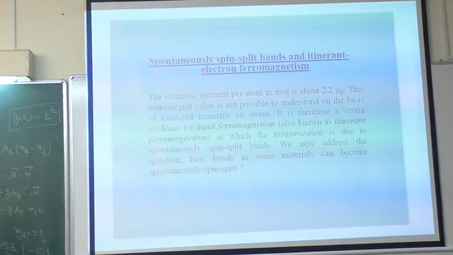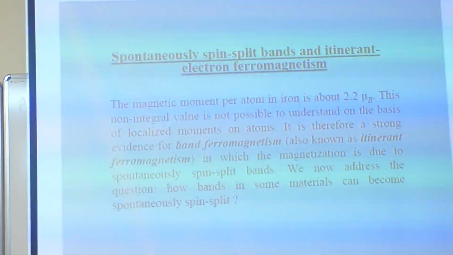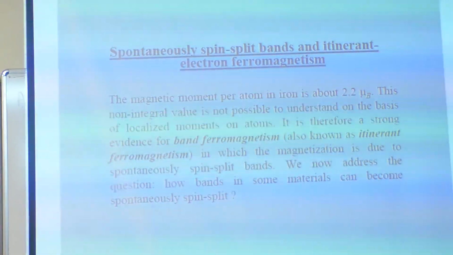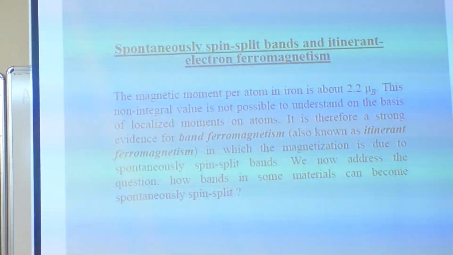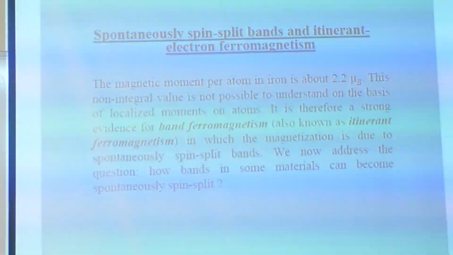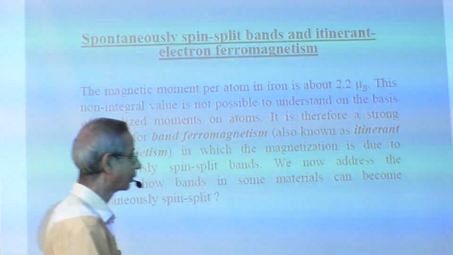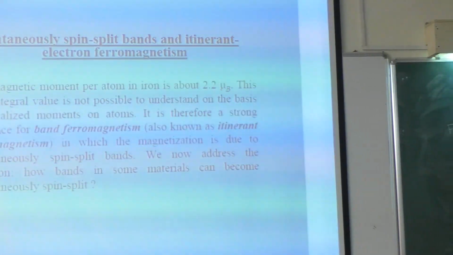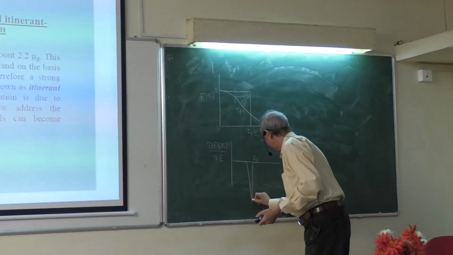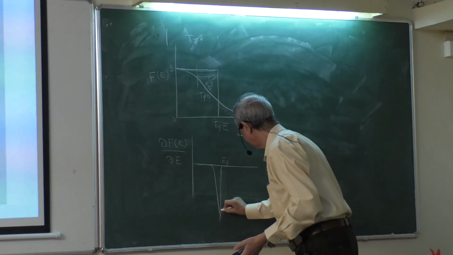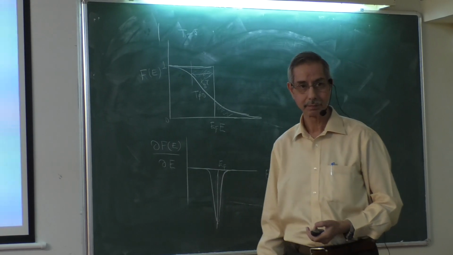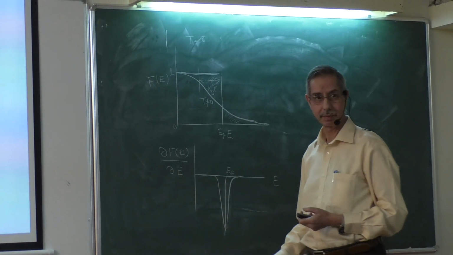Now this was Pauli spin magnetism. If you have to calculate Pauli spin susceptibility at finite temperature, then smearing of the Fermi surface will come. And now, instead of this, you will have thermal smearing.